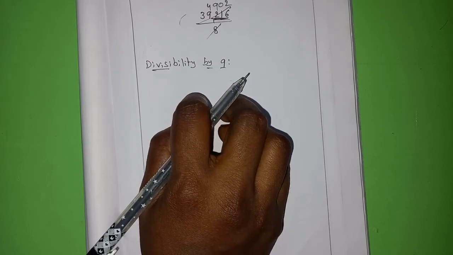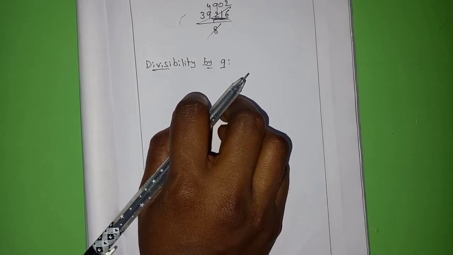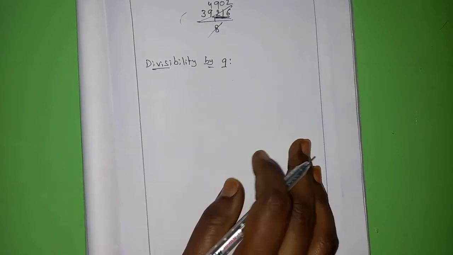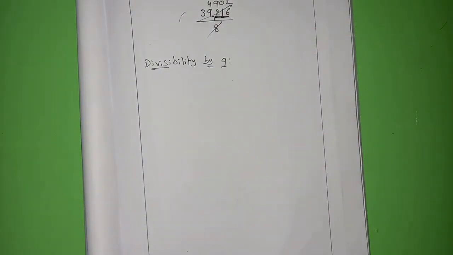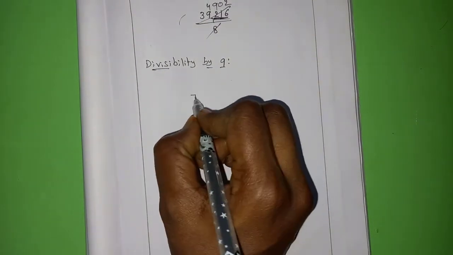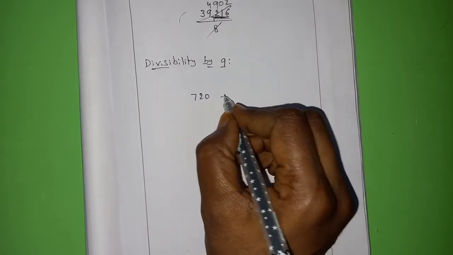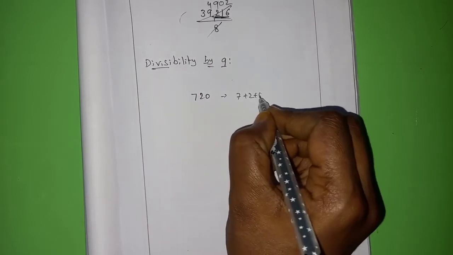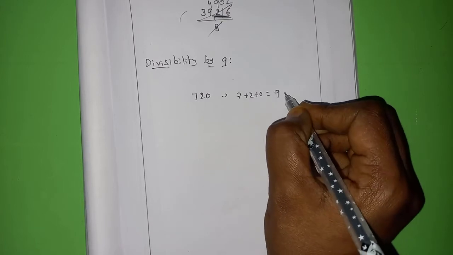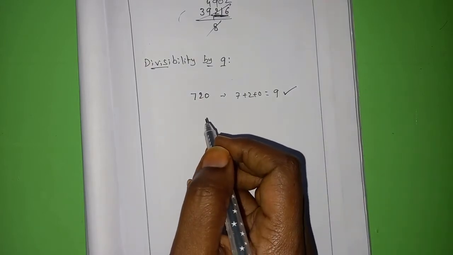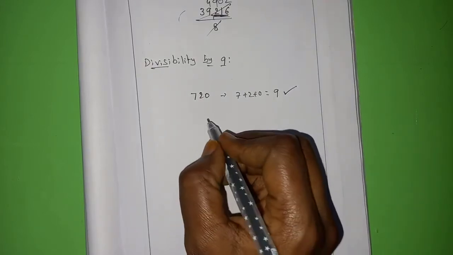But in case of 9, the result should be 9 only. When you add all the numbers, the result should be 9. For example, let us take a number 720. Add 7 plus 2 plus 0. What is the answer? 9. So answer is 9 means it is divisible by 9.